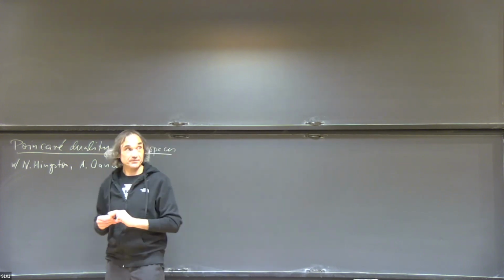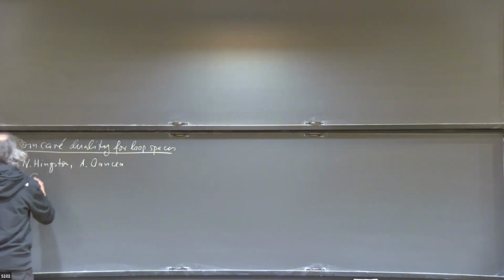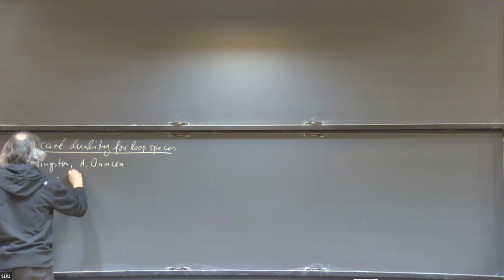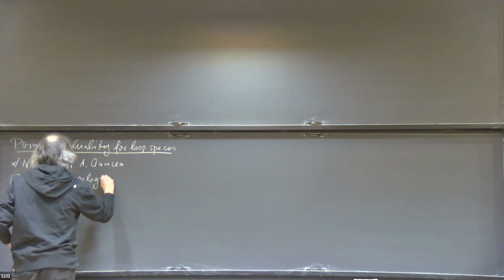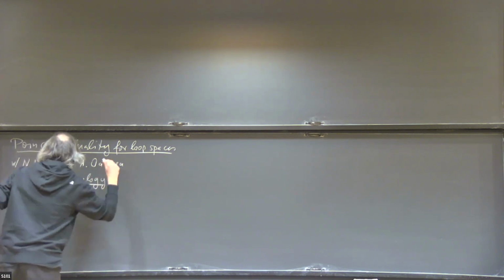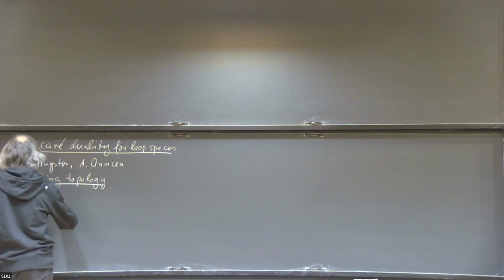Just let me know. Okay, so let me maybe start by recalling a little bit what I will need from string topology. So throughout this talk, M will be a closed manifold.